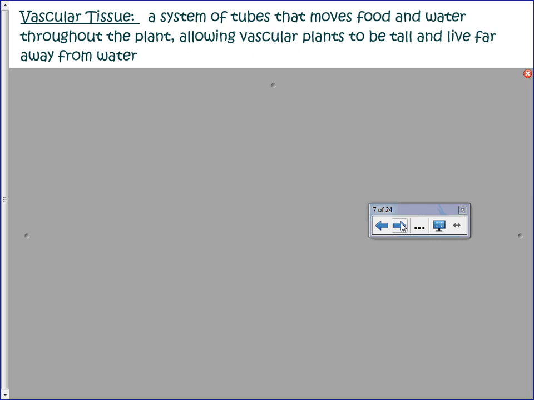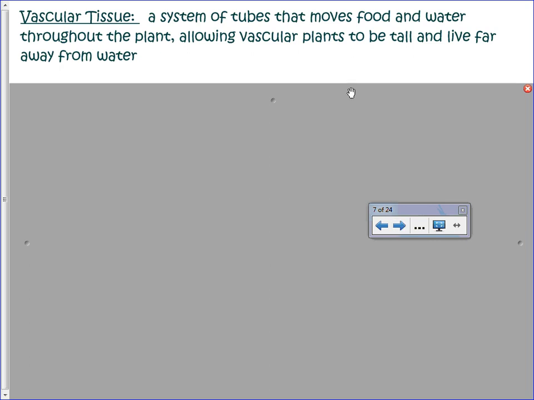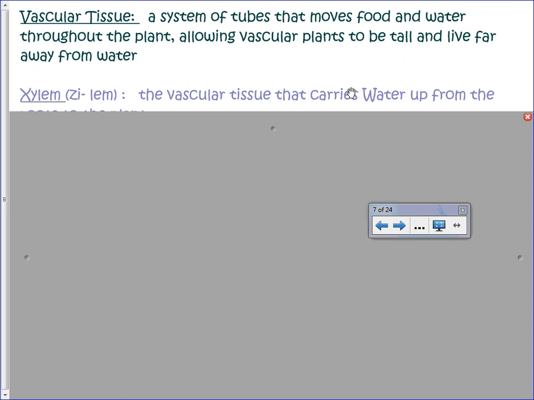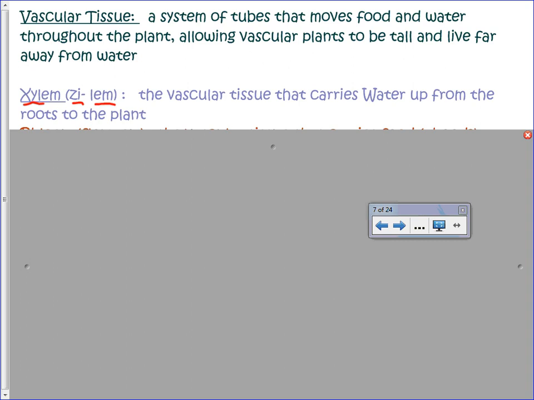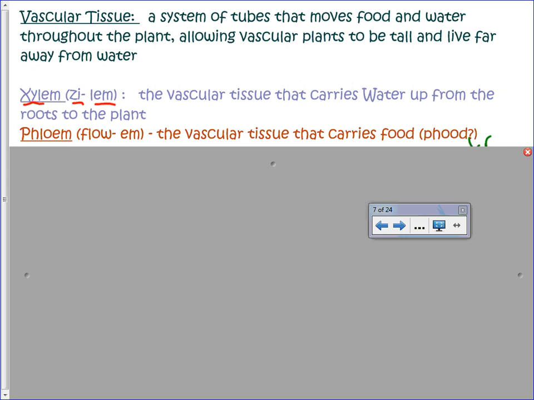Now, there are two types of vascular tissue. There is xylem, and I made you a little pronunciation here, xylem, like xylophone. The xylem is the vascular tissue that transports water up from the roots through the plant. And then the other vascular tissue is phloem.